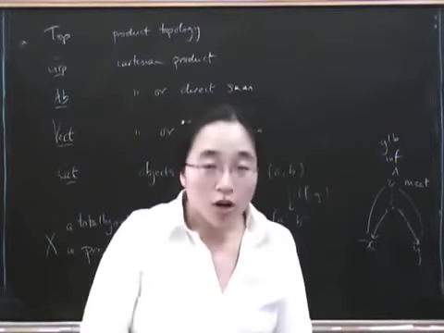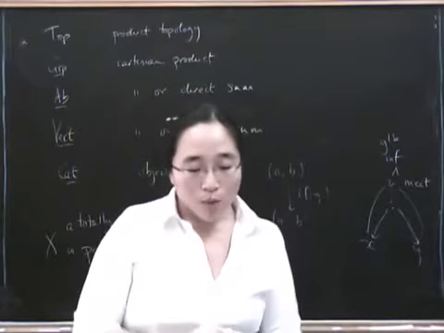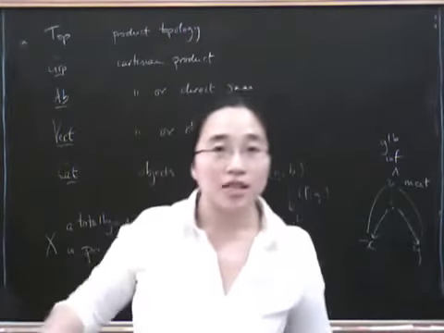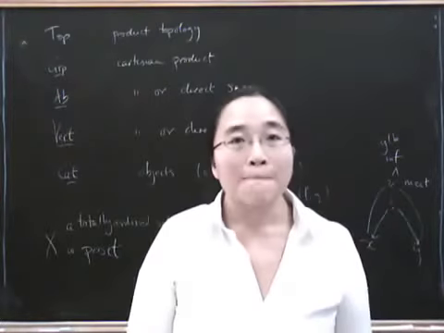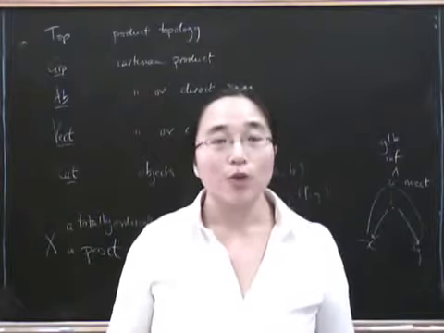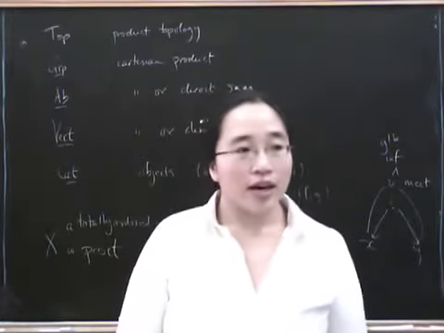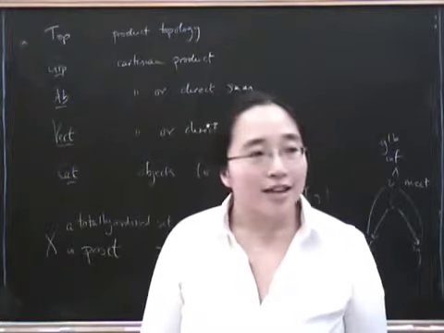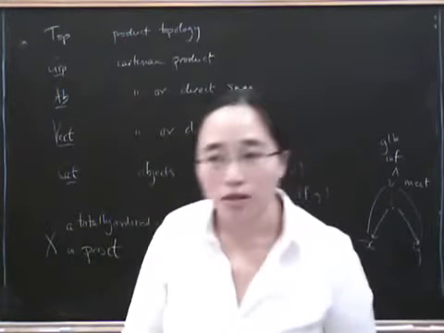So products in a category always give you a kind of tensor product, where by a kind of tensor product I mean something that gives you a monoidal category structure. So this is jumping ahead of ourselves perhaps a little bit, but if you have products in a category, that always gives you a monoidal category structure on there. And next time we'll talk about the dual notion, which is coproducts.